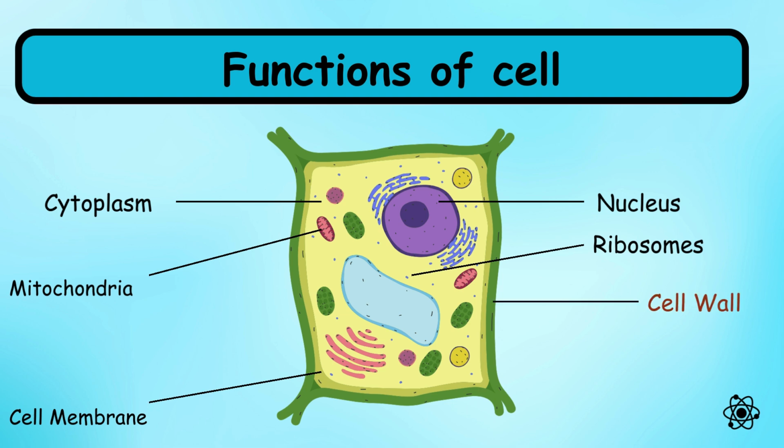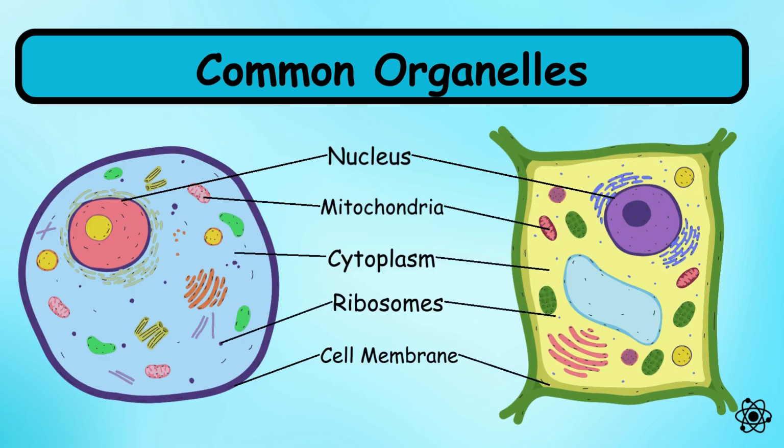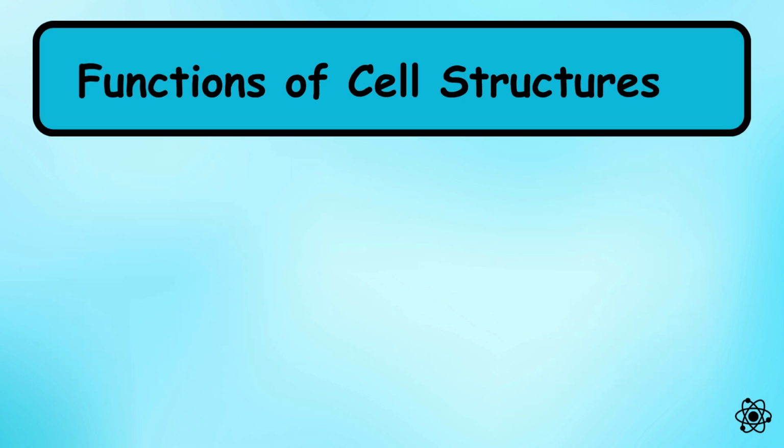This is the cell wall that is made up of cellulose. These are the chloroplasts that contain the green pigment known as chlorophyll. This is the vacuole that contains cell sap. Once again, the organelles common to both an animal cell and a plant cell are nucleus, mitochondria, cytoplasm, ribosome, and cell membrane. And we will now look at the functions of these parts of the cell.